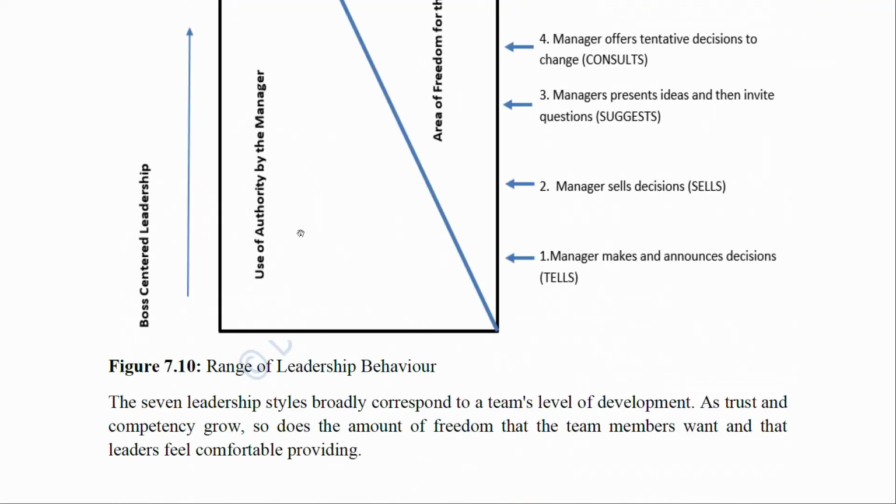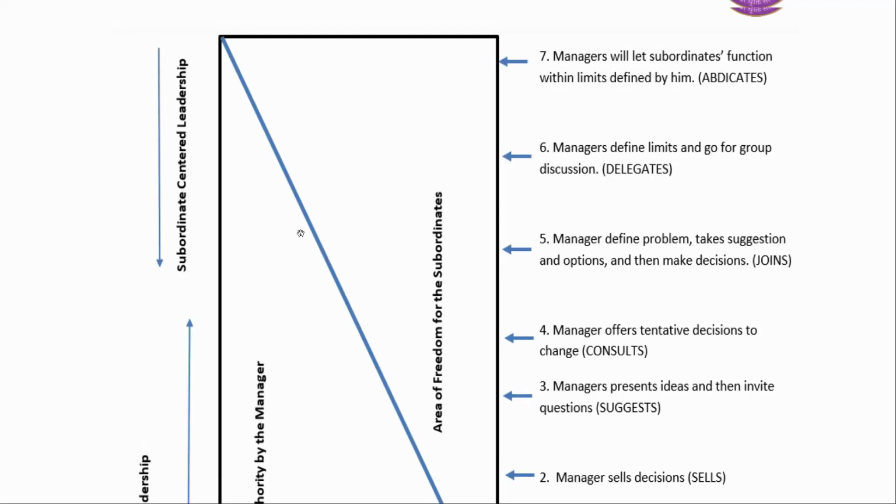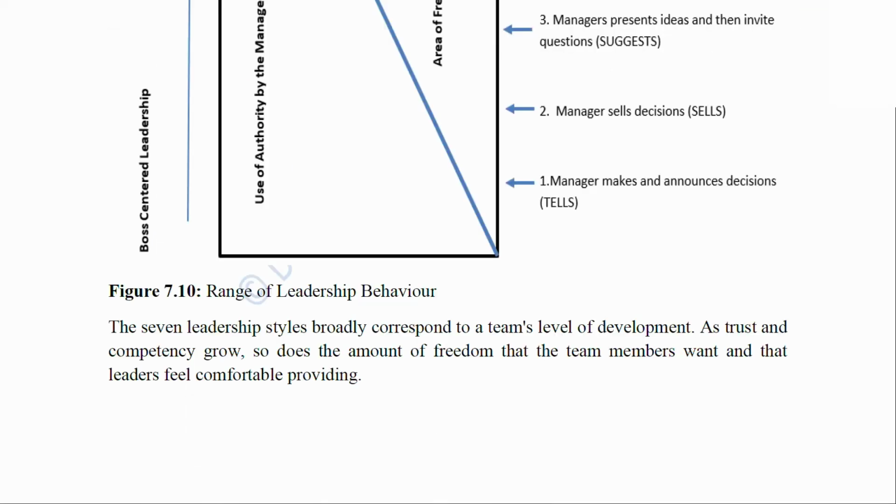Figure 7.10 shows the range of leadership behavior from first, that is, manager makes and announces decisions, tells, to 7th, that is, managers will let subordinates function within limits defined by him, that is, abdicates. The 7 leadership styles broadly correspond to a team's levels of development. As trust and competency grow, so does the amount of freedom that the team members want and that leaders feel comfortable providing.